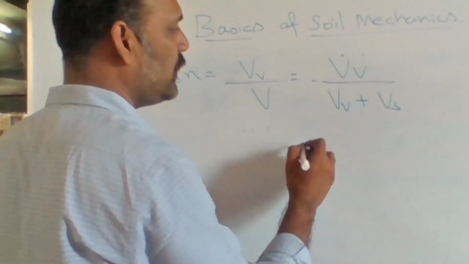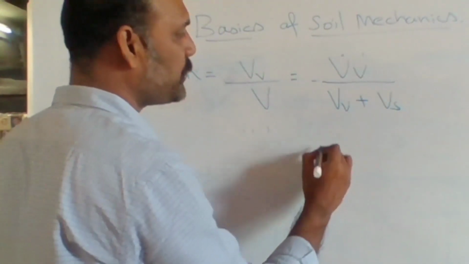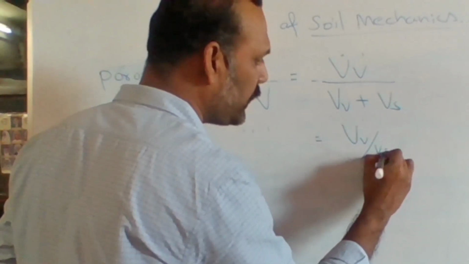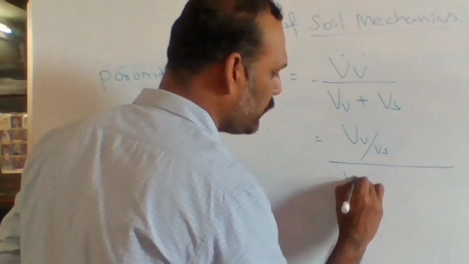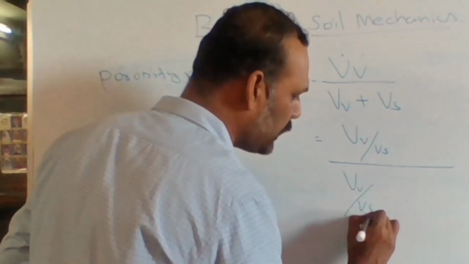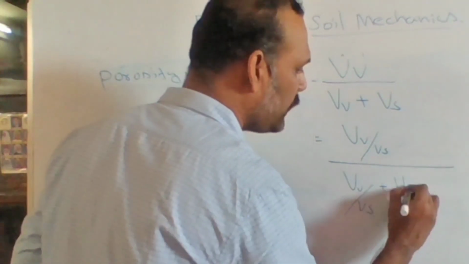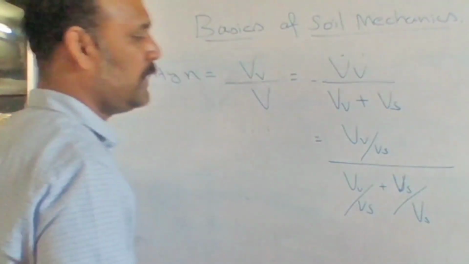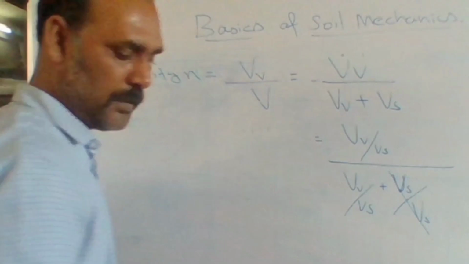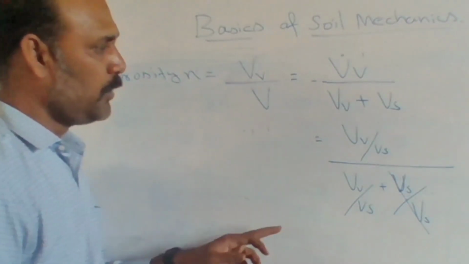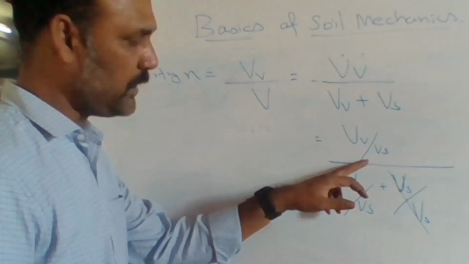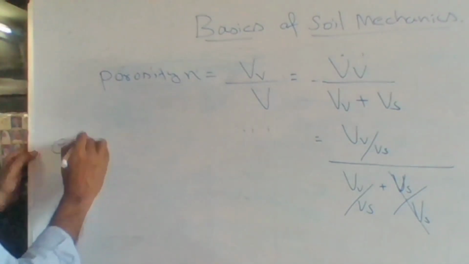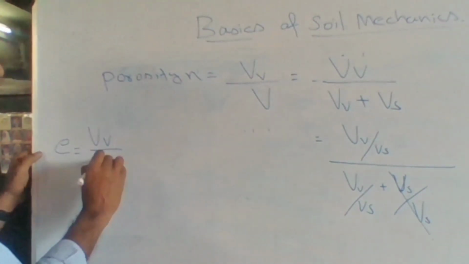Dividing by the volume of solids, we get VV by VS divided by VV by VS plus VS by VS. We know VV by VS is nothing but the void ratio.